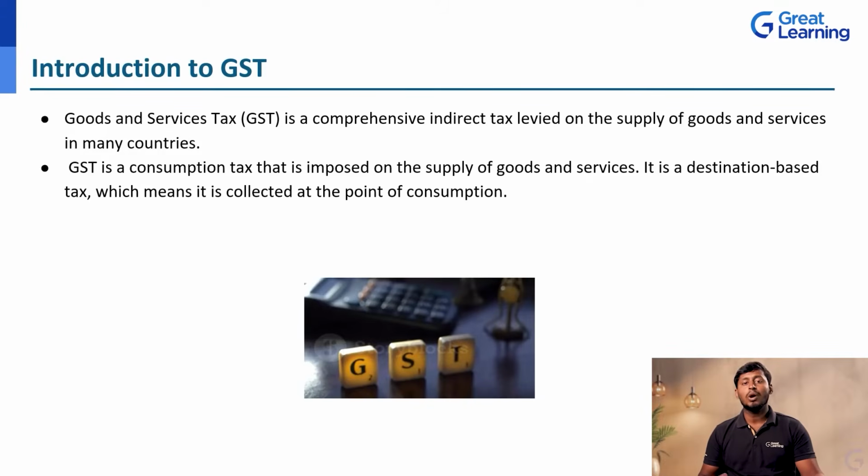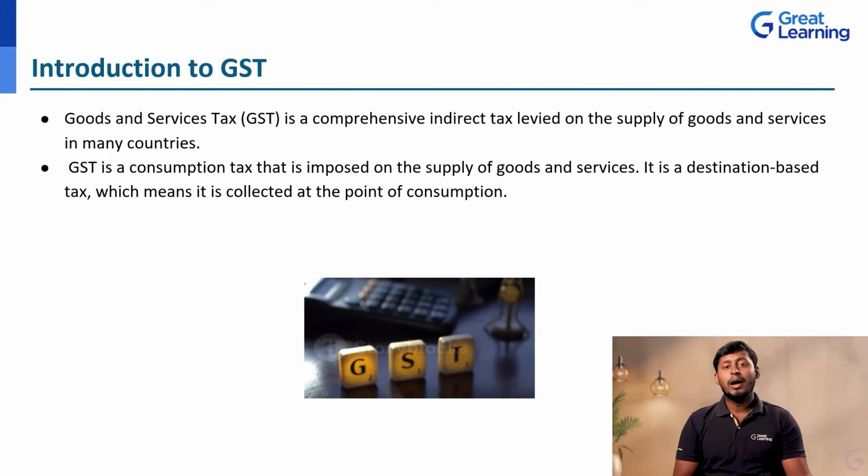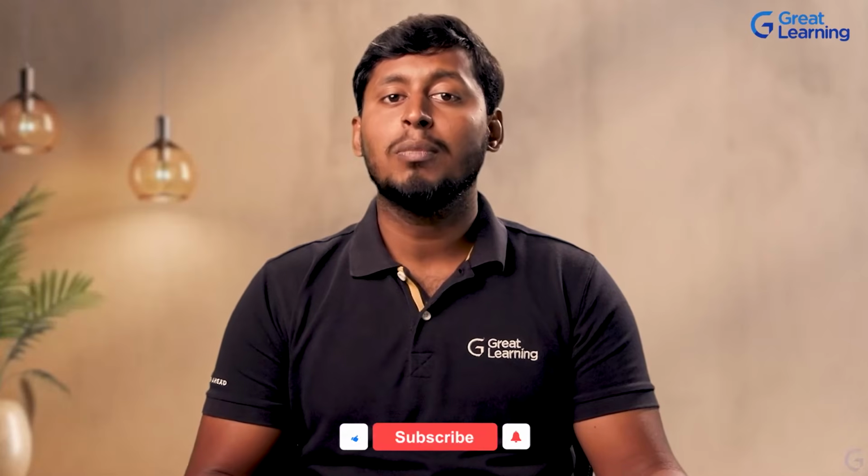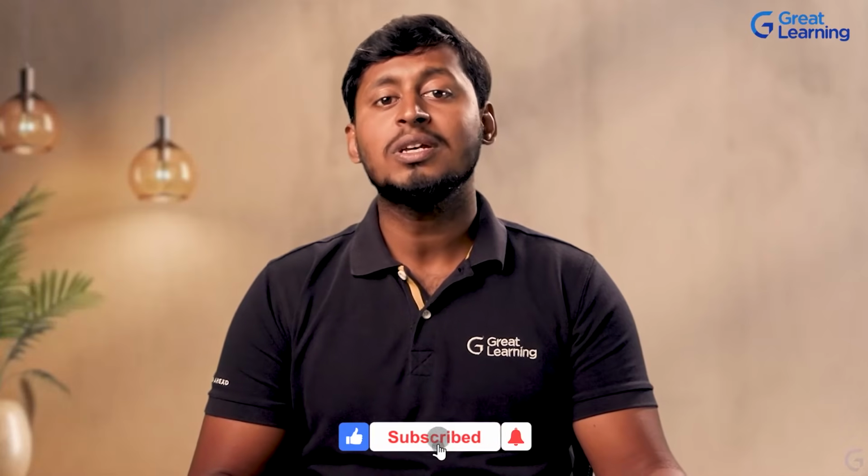For example, if I go to a hotel and order some items, I pay 8% or 18% GST to the hotel shopkeeper. I'm not paying directly to the government. So the owner of that hotel or organization needs to pay that money to the government on behalf of his customers.